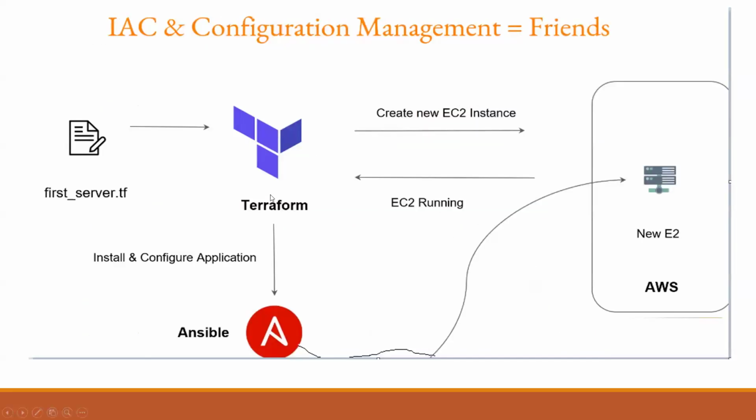For example, by using Terraform we can build the infra, and after building it, install and configure the application by using Ansible. Only on existing servers will Ansible work. IaC and configuration management tools are friends: once we build the infra, Terraform informs Ansible that the provisioning is completed, so you can install and configure the application. Right?